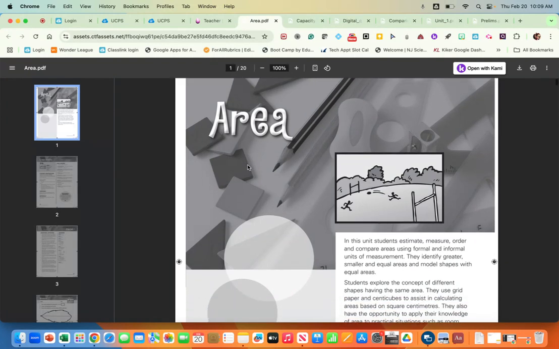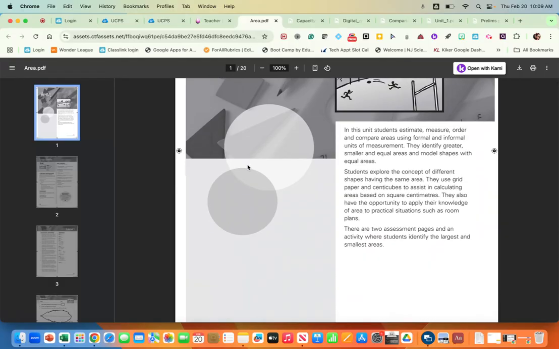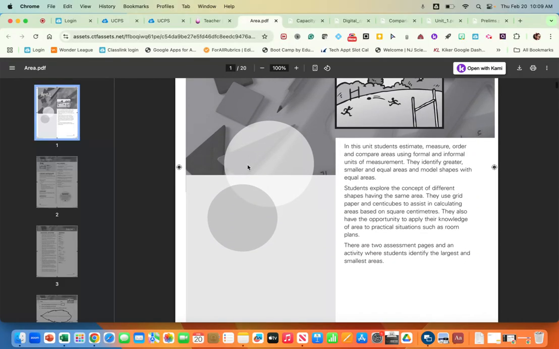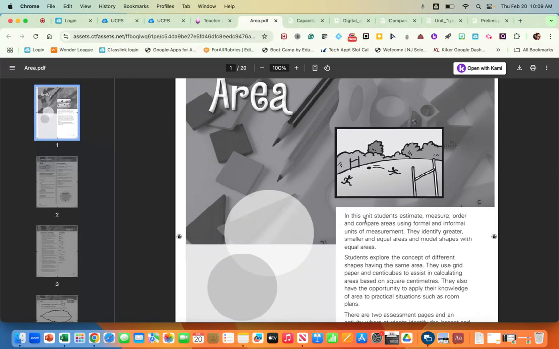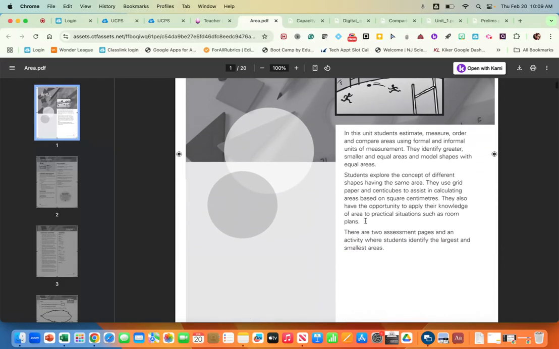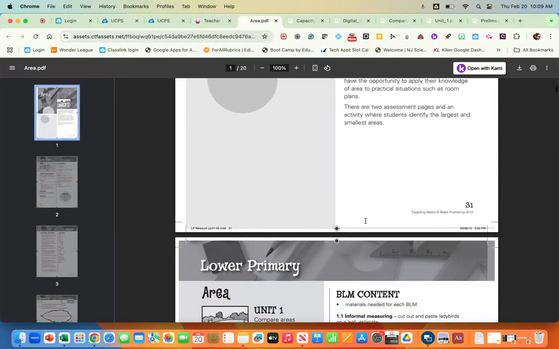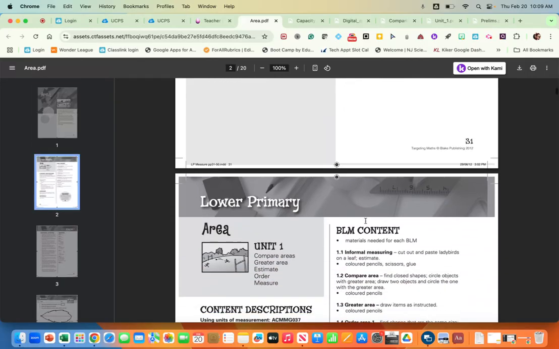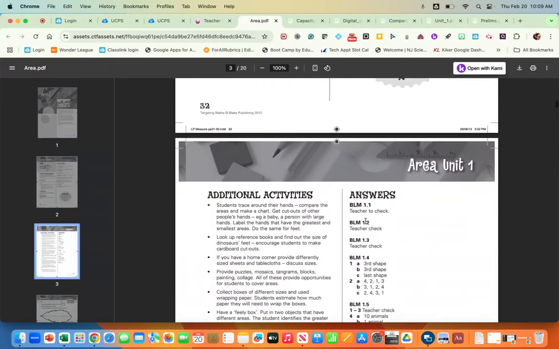This is a whole booklet on area, and it explains what this unit is about, what the students are expected to do and learn, and then the assessments that they will take to see if they have mastered the content.